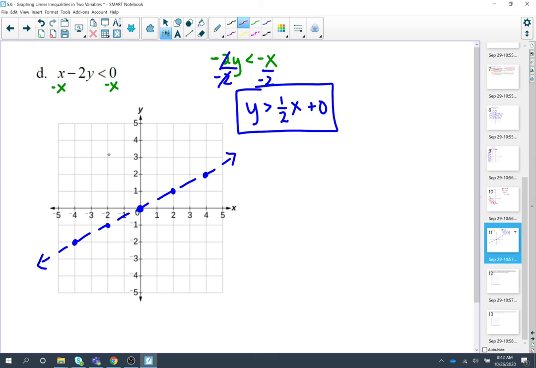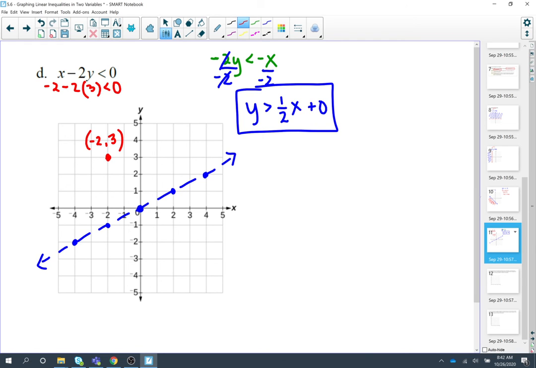So I'm going to choose this point over here. Anything above the line. And this point is at -2, 3. So now I can substitute it in here, or I can substitute it back in the original. It doesn't matter. I'm going to go back to the original. x is -2 minus 2 times 3 has to be less than 0.